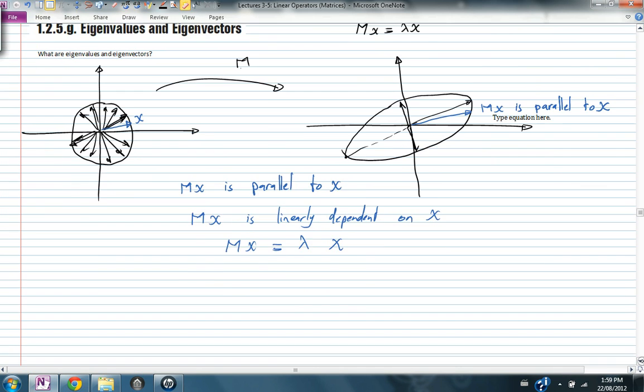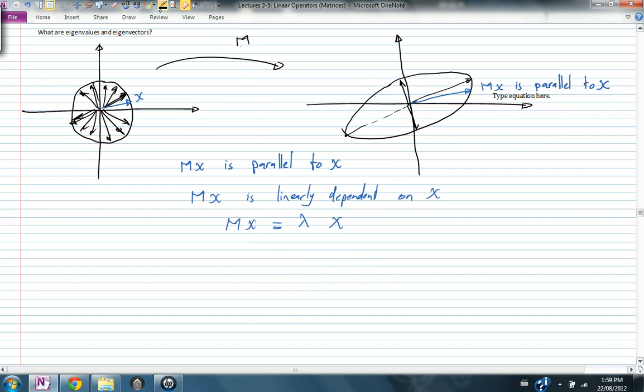So the proper definition of eigenvalues and eigenvectors is as follows.